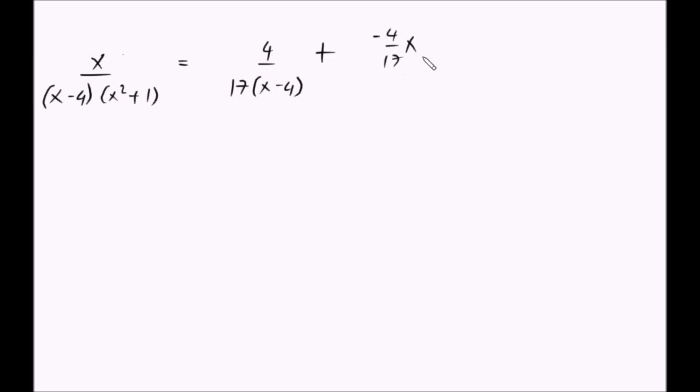So kumbe ile mambo yetu tuliyoipartialize, ukipartialize inakuwa a ni 4 over 17. So chini kulikuwa na x minus 4 jumlisha bx, b ni negative 4 over 17 x plus c ni 1 over 17, over x square plus 1.